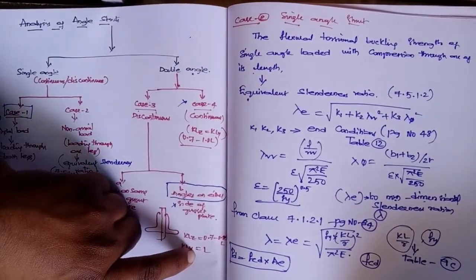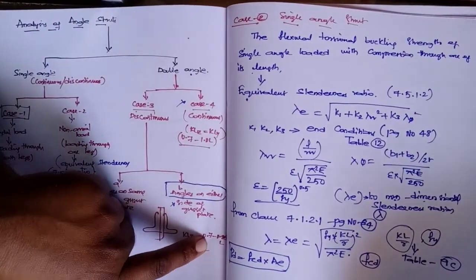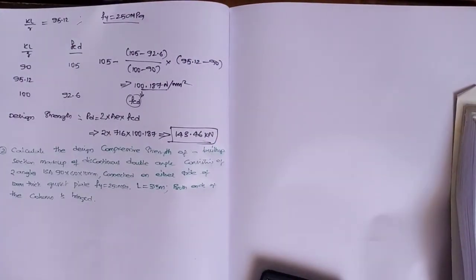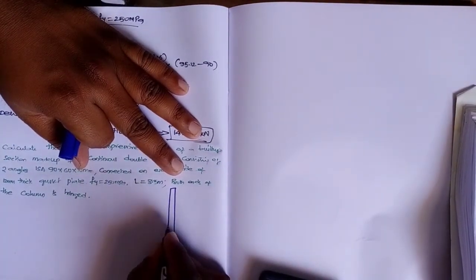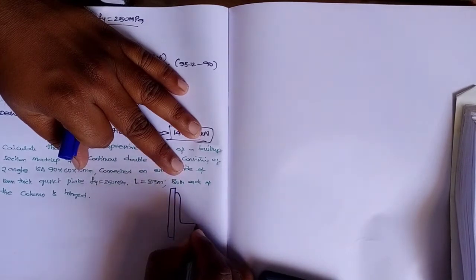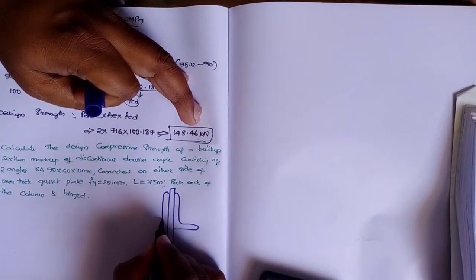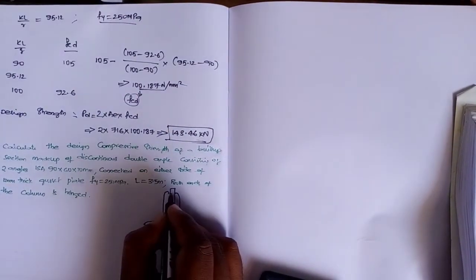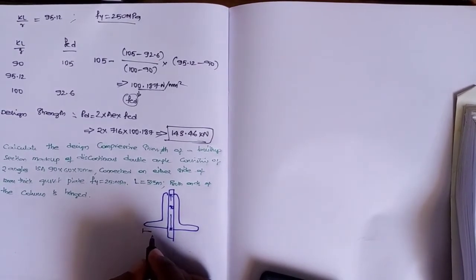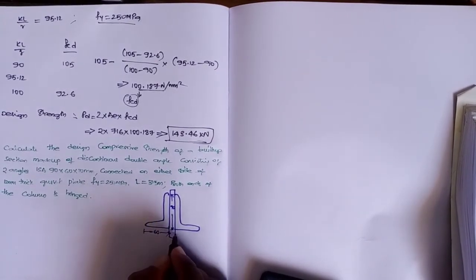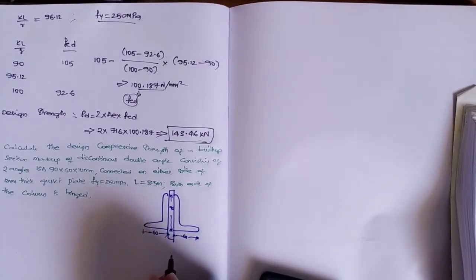KLY you can take the same as L and KLZ you can take as 0.7 to 0.85 L. Now this design will be similar to the normal I section we did earlier. Okay, so this is a 12 mm thick gusset plate, on that 90 mm by 60, connected on either side, and this is 60, right?